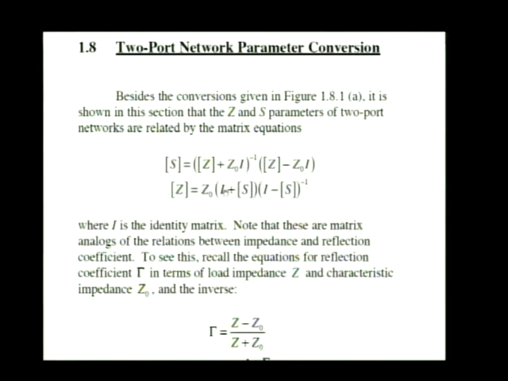The identity matrix, 1, 0, 0, 1, the 2 by 2 identity matrix plus S times the identity matrix minus S inverse, multiply those matrices together, multiply the result by 50, and you'll have the Z matrix. These matrix equations are in ideal form for numerical computation. Computers love to work with matrix equations of this form.